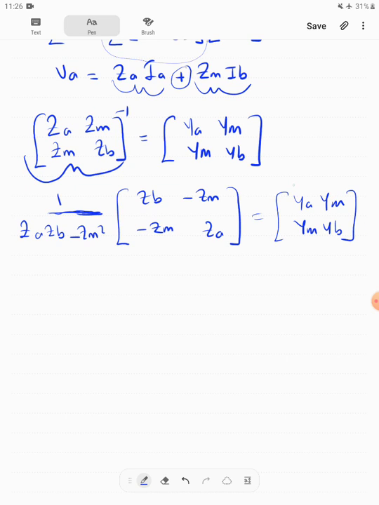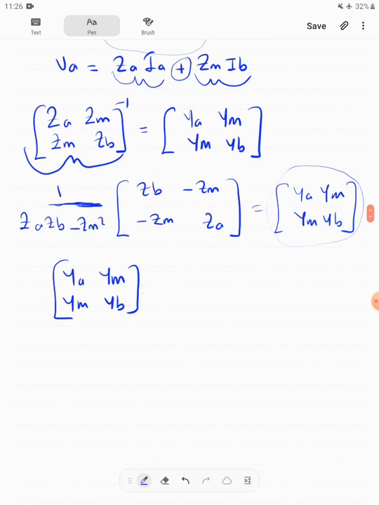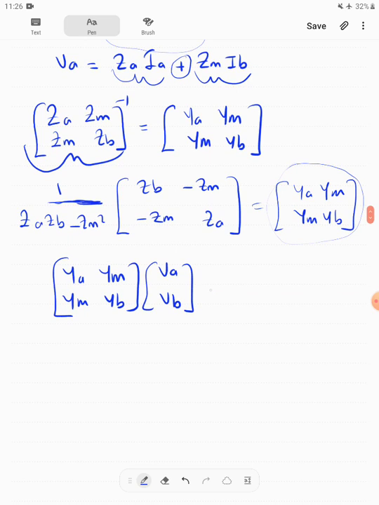If you want to put this admittance matrix in another equation involving voltage vectors and the current vectors, we can write such an equation. Let's write YA, YM, YM, YB multiplied by voltage drop vector VA, VB is equal to IA, IB, which is the current vector of the system.